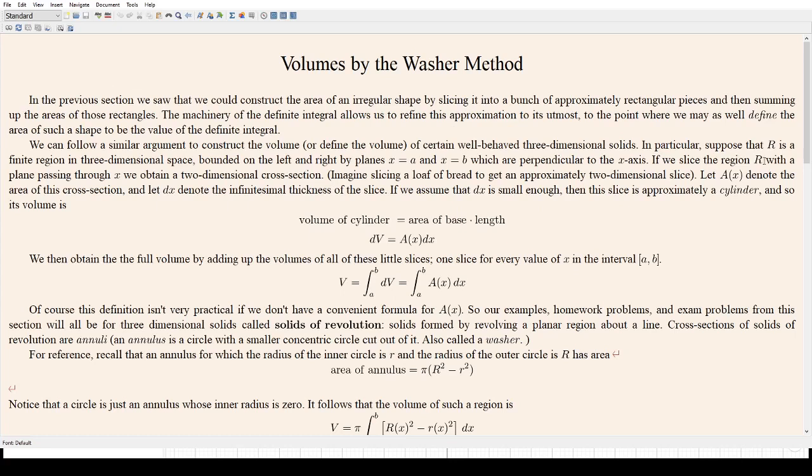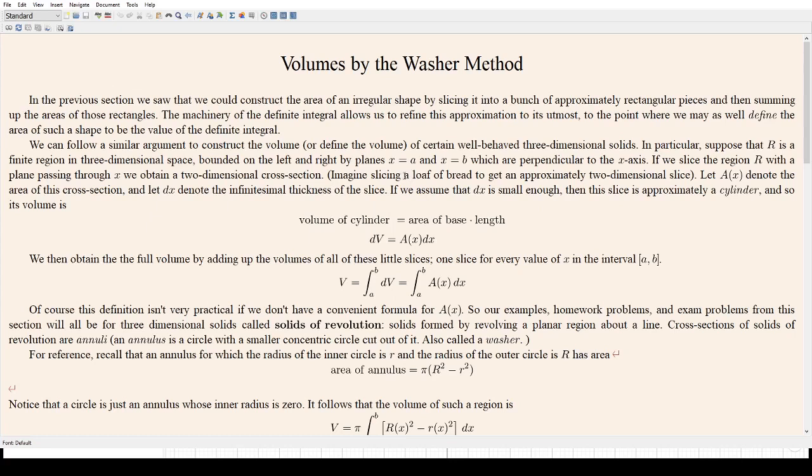If we slice this three-dimensional region with a plane passing through x, so we are slicing it with a plane which is perpendicular to the x-axis, so we're taking a vertical slice, we're going to obtain a two-dimensional cross-section. So you can imagine, for instance, slicing a loaf of bread. And what do you get?